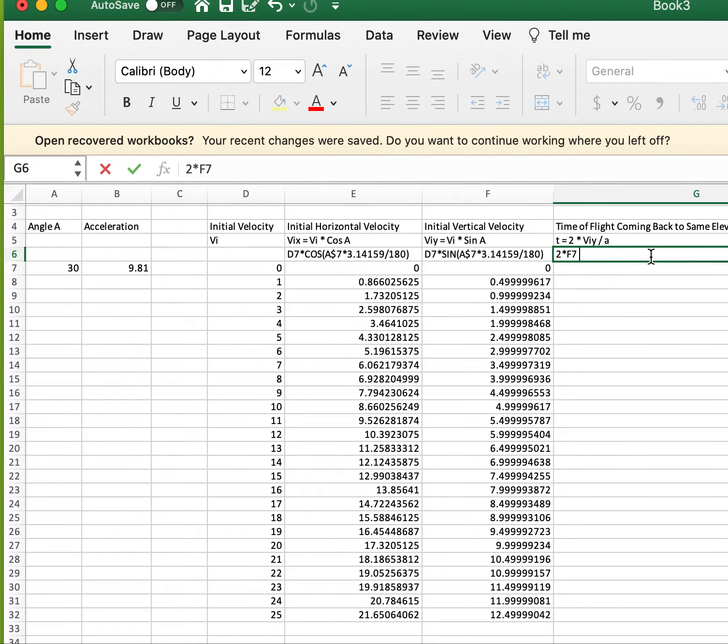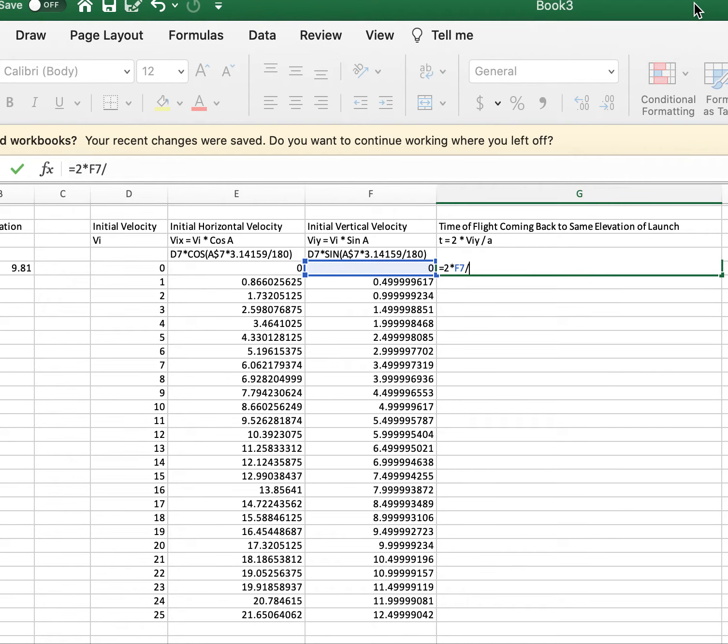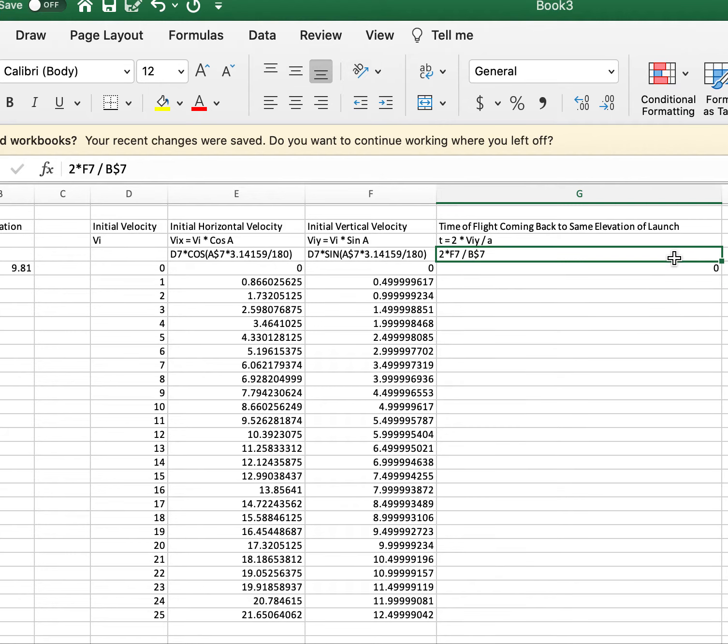And then we'll want to divide by $7, which is, of course, this right here. All right, let's try to enter that with equals.